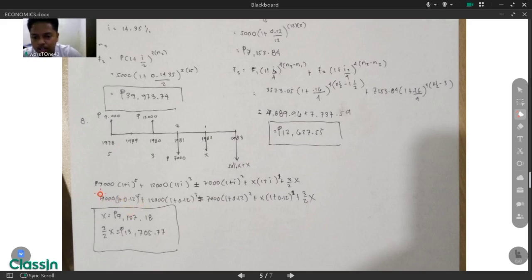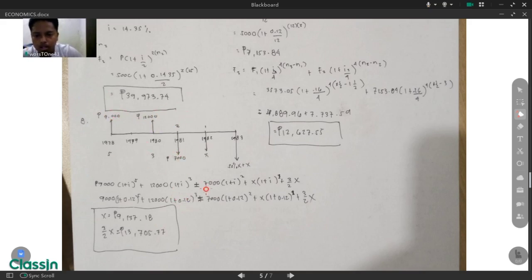Our 9,000 here, plus 12,000 raised to the power of 3, will be equated to the down payment or the overall payment. So overall loan equals overall payment.